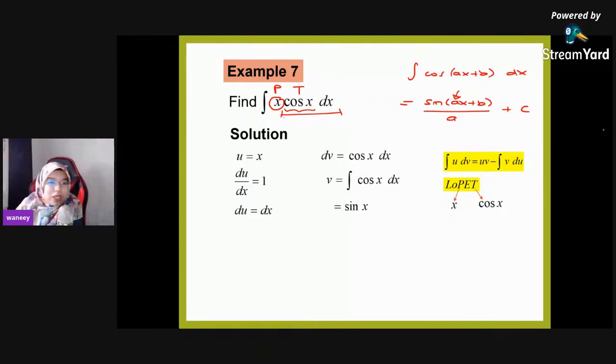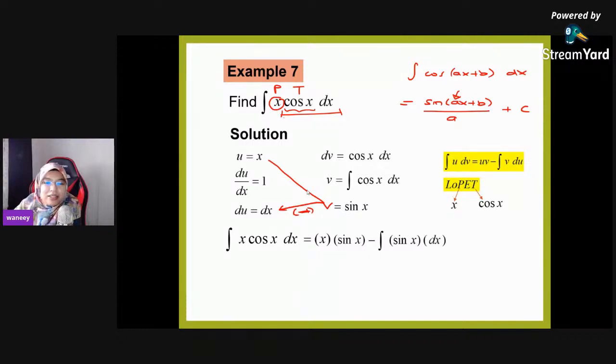Okay, so now we are going to use our formula u times v minus integral of v times du. Minus je, minus 1 sekejap jadi lain pula. So it will become integrate x cos x dx equal to u times v, so x sin x, minus integrate of v, so integrate sin x dx.